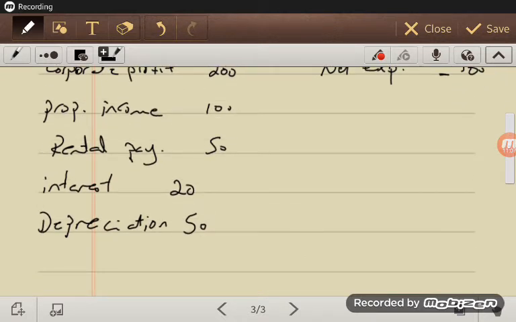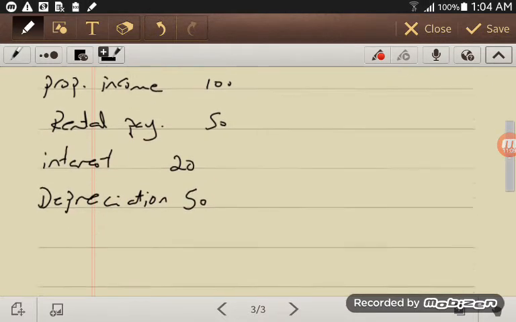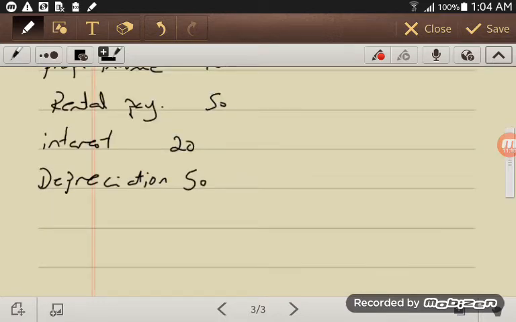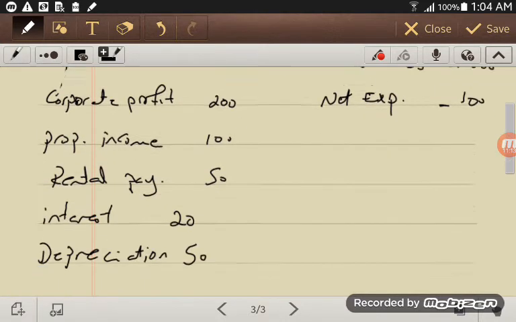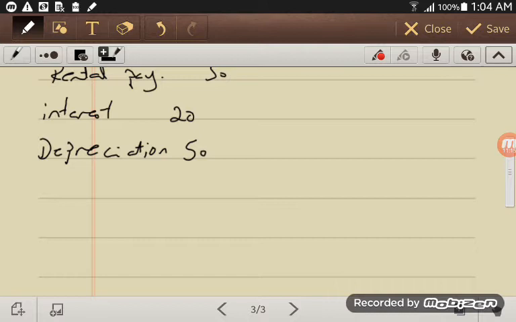Okay, given this information, calculate GDP using two different approaches, income approach and expenditure approach. Let's start with the expenditure approach.